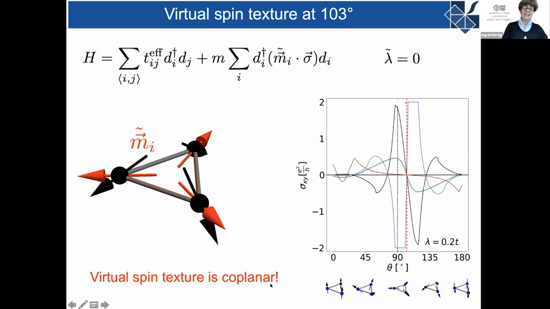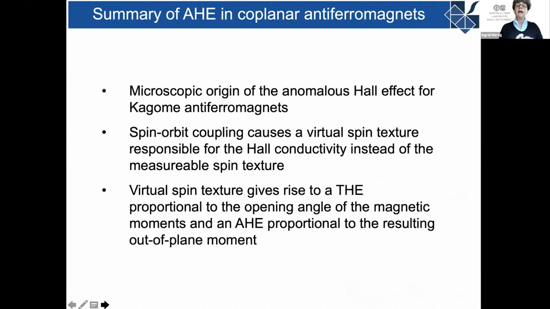Okay, and I think this is nearly the end of my story that I wanted to show you. So we have been looking for a microscopic origin of the anomalous Hall effect in Kagome antiferromagnets. We have shown that the spin-orbit interaction causes the virtual spin texture, and that this virtual spin texture creates something like a topological Hall effect.